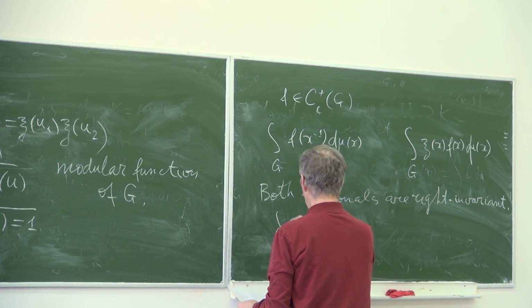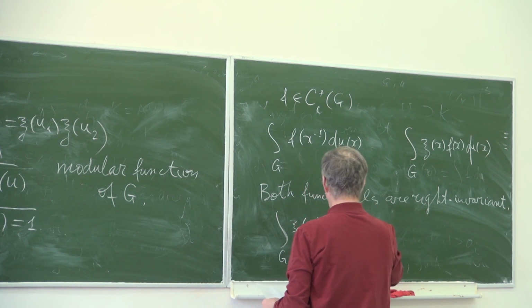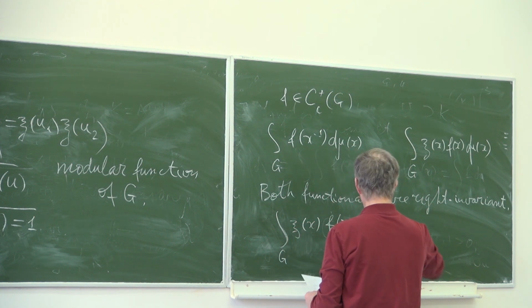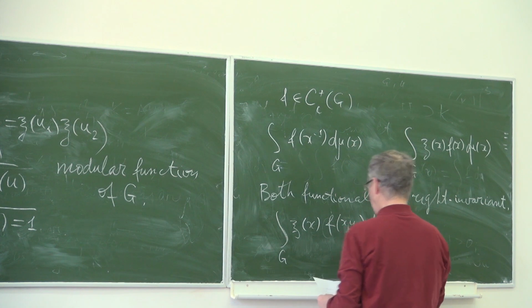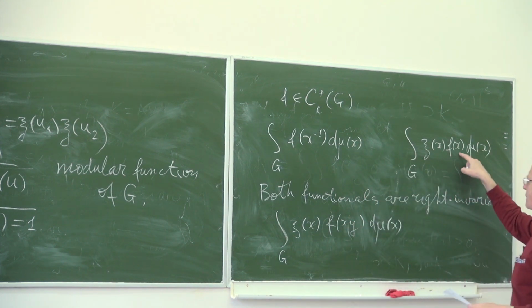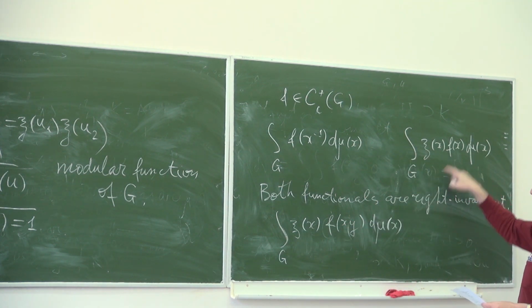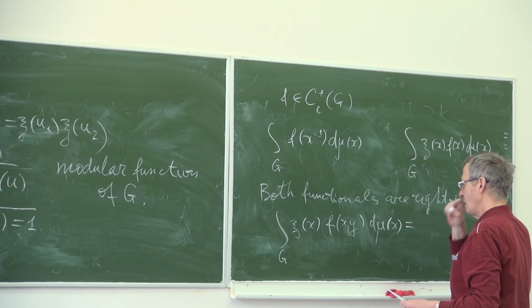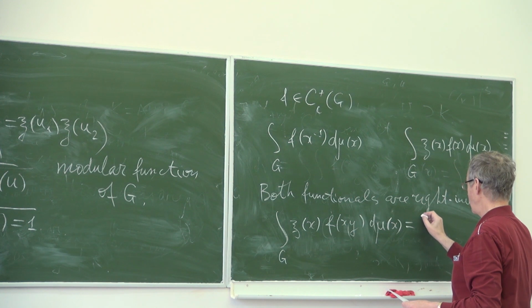So we obtain the integral over g of the modular function of x, f of xy, d mu of x. So this is this one applied to the right shift of f. Then we can do this way.